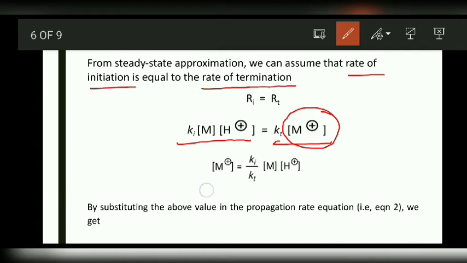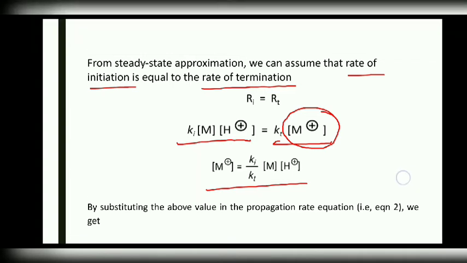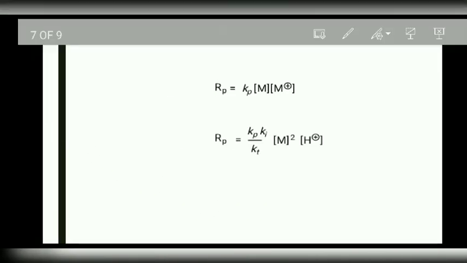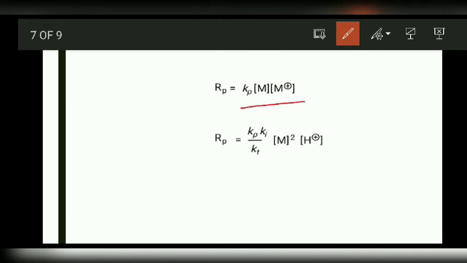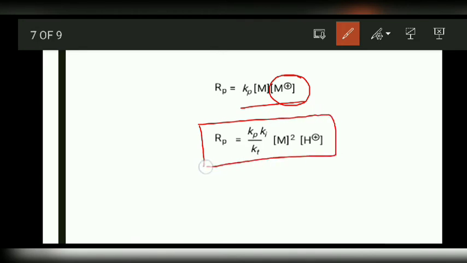So we need to substitute this value of M plus in the propagation rate equation, that is equation number 2. So this is equation number 2 and we are going to substitute for this M plus. Fine. So we will get this equation after substitution. Okay.